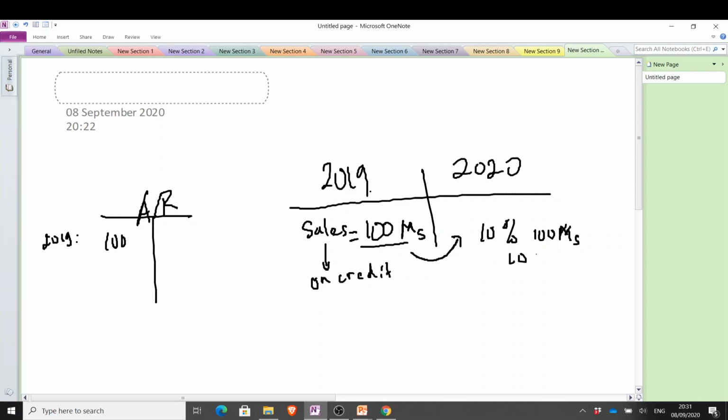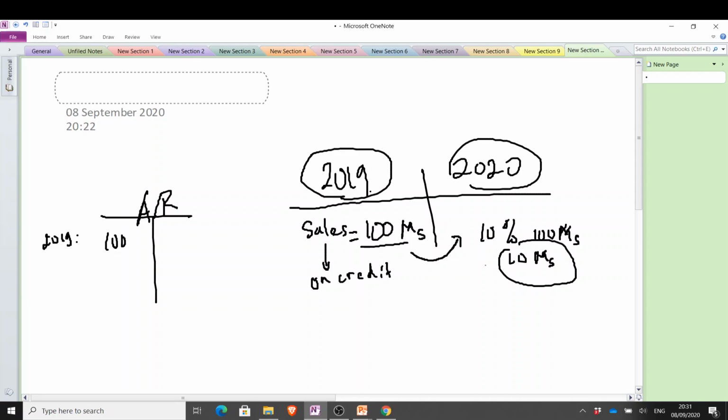So it is equal to 10 million rupees. This 10 million rupees cannot be collected in 2020, while the sale was made in 2019.